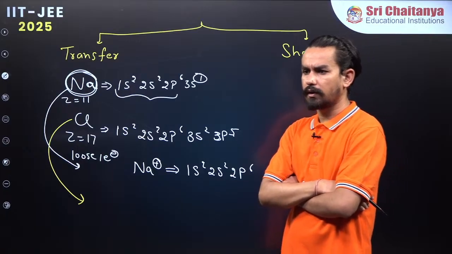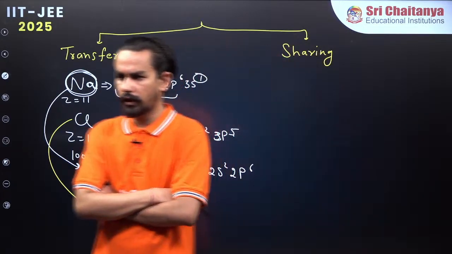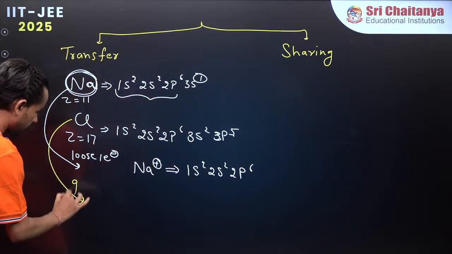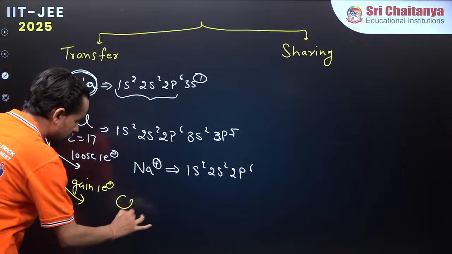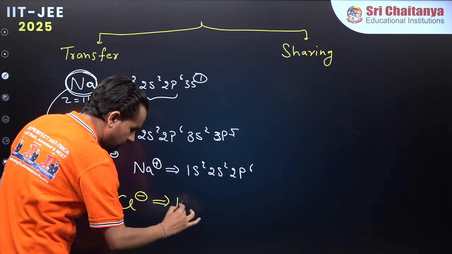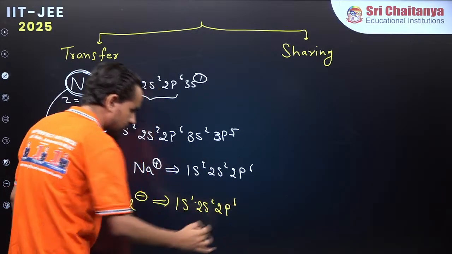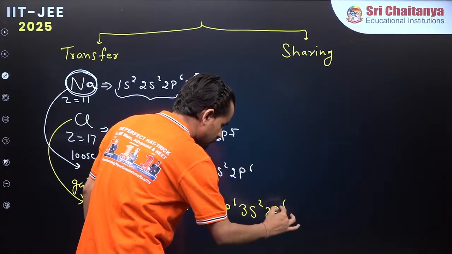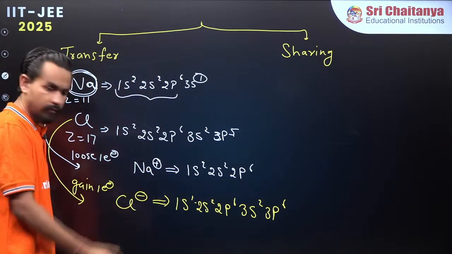So it will gain 1 electron and become Cl minus, and its electronic configuration will be 1s2, 2s2, 2p6, 3s2, 3p6, which is similar to argon.